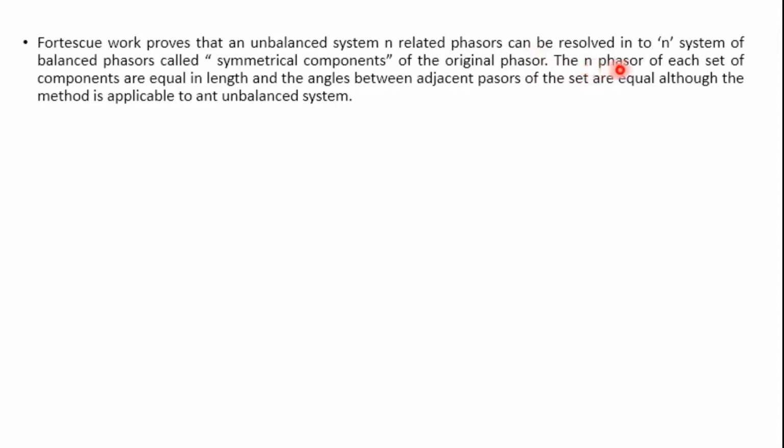The n phases of each set of components should be equal in length, and the angles between adjacent phases of the set are equal. Hence we can use this method for any amount of unbalanced system.